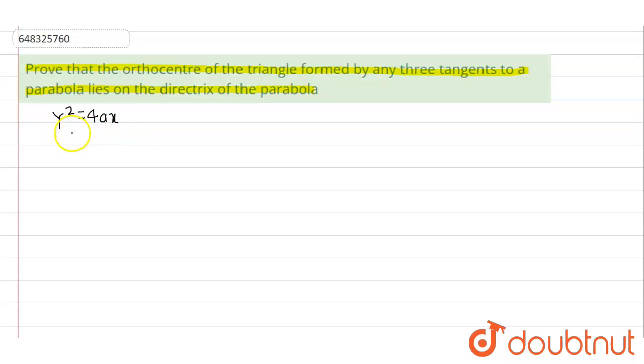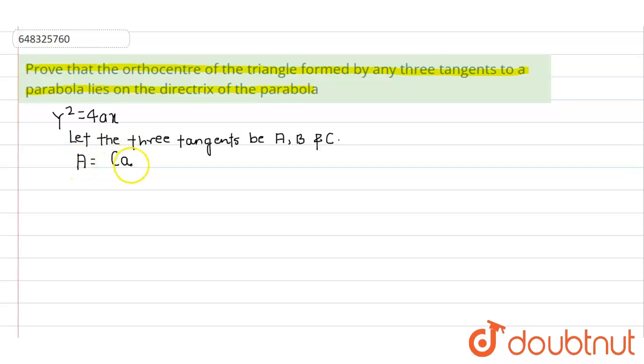Okay, so we know if this is our parabola, then the tangents to the parabola are given by what? Let the three tangents be A, B and C. Then the equation of A is given by what?